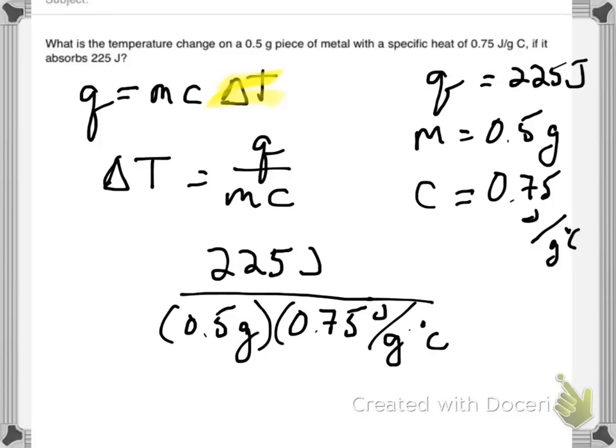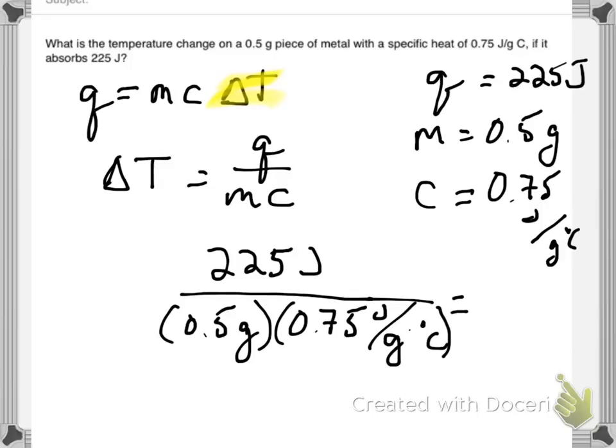Now, as I mentioned in class, when we're doing problems like this, whether we use Celsius or Kelvin really doesn't matter to us because we're talking about temperature changes, and 1 degree Celsius is equivalent to 1 Kelvin.